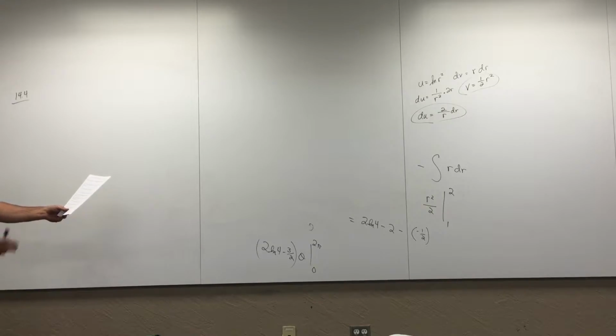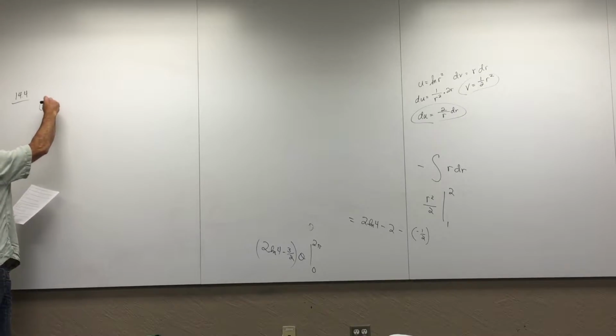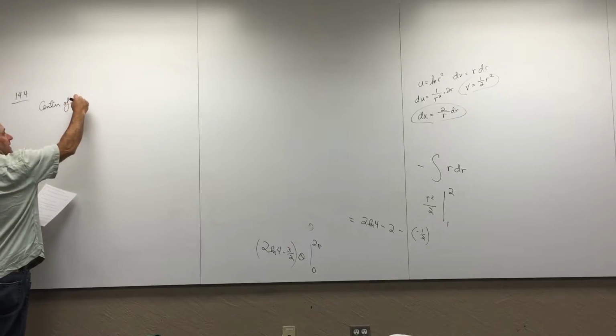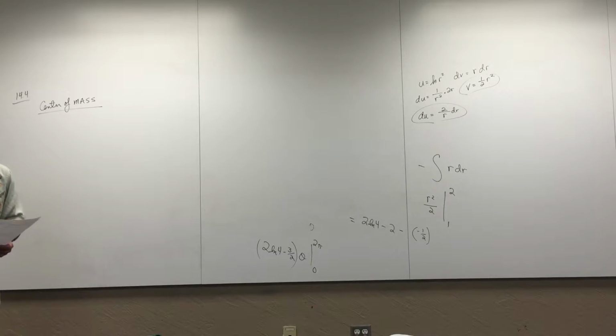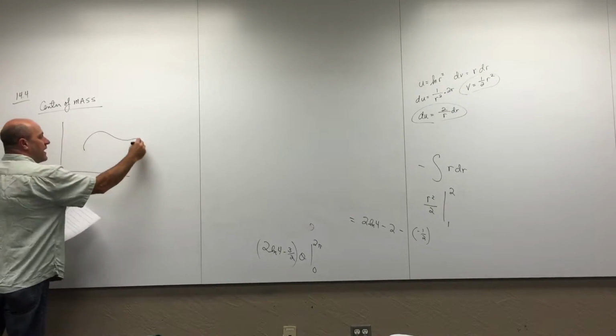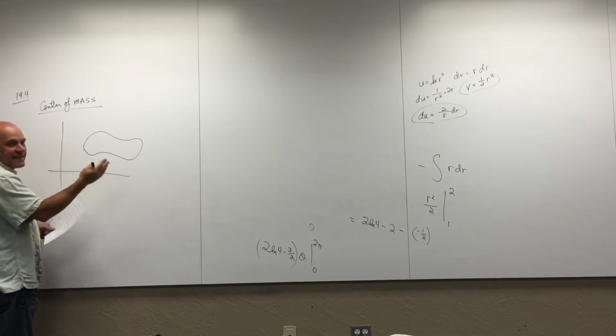In 14.4, I can use these double integrals to find center of mass. Did you guys do that in Cal 2? In Cal 2, you might have done some center of mass, a little bit, but you always had a constant density. What does that mean?